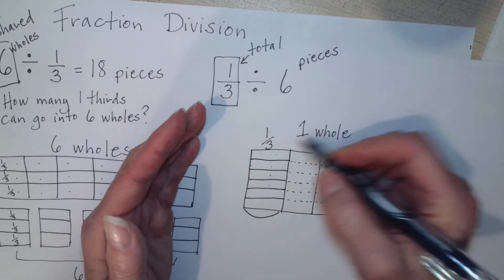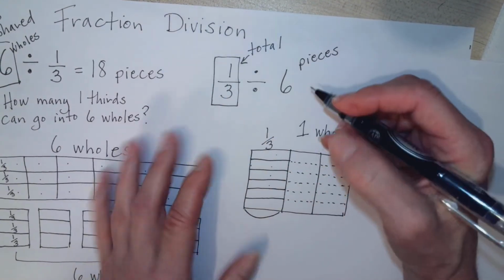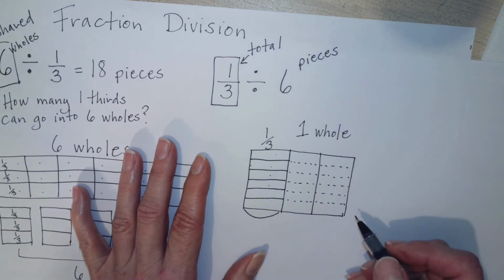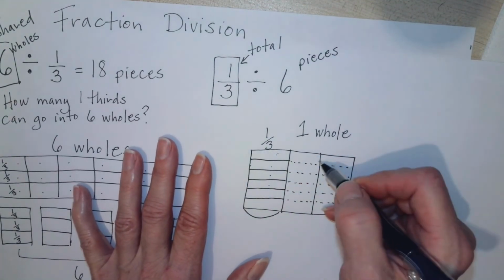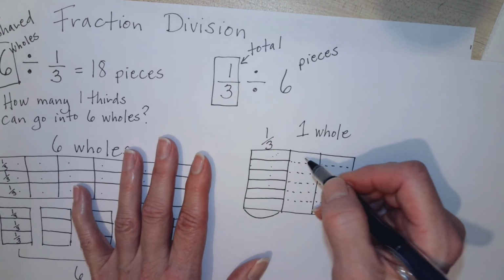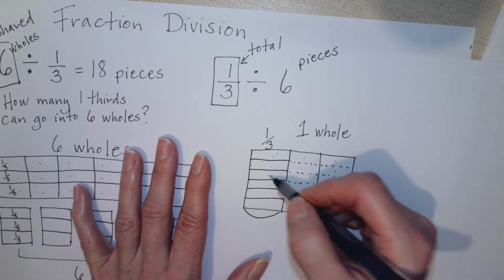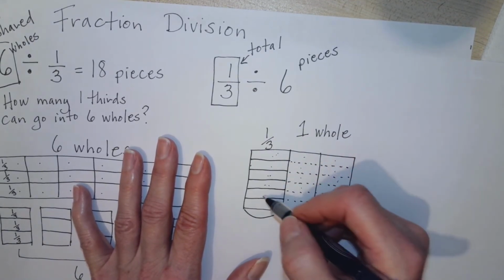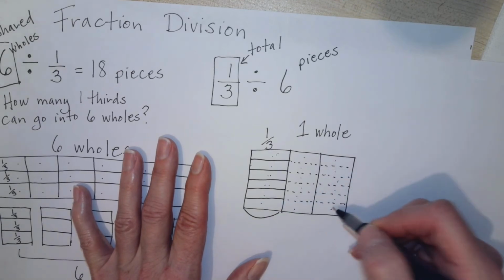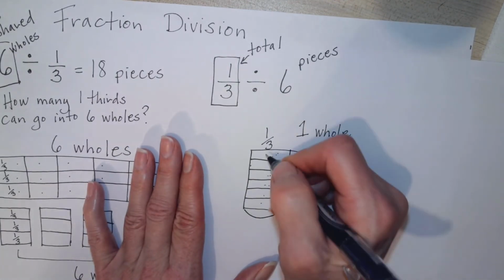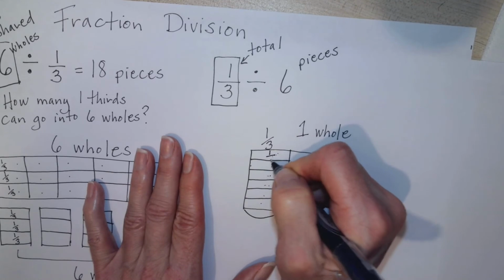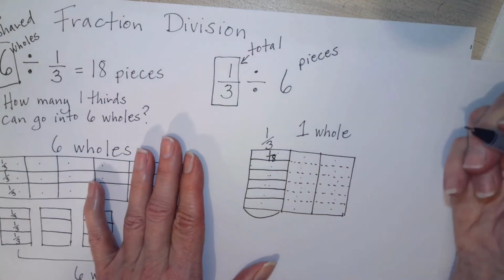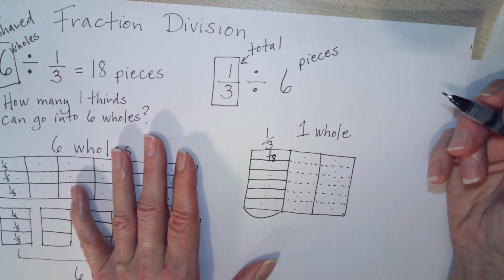So when I break this 1/3 into 6 pieces, if I was looking at the total, there are 1, 2, 3, 4, 5, 6, 7, 8, 9, 10, 11, 12, 13, 14, 15, 16, 17, 18 pieces, so each of these pieces is 1/18 of the whole.